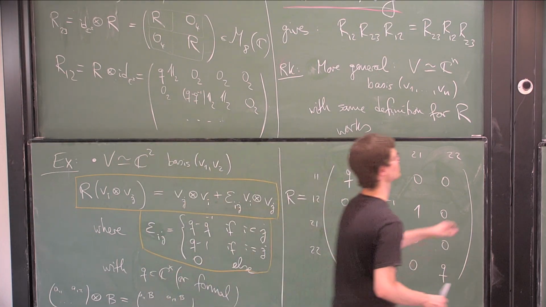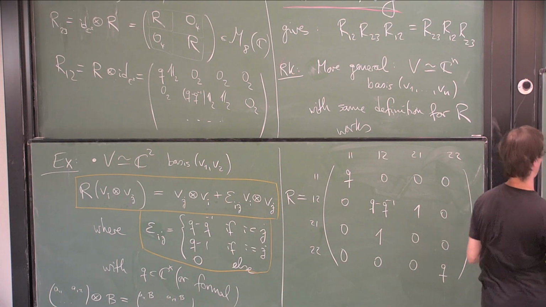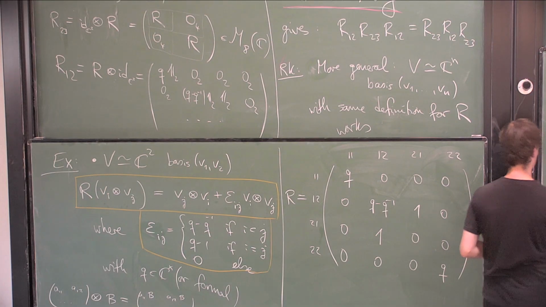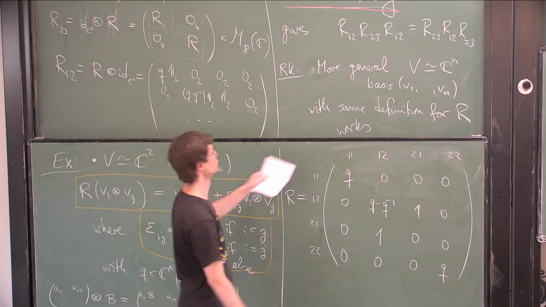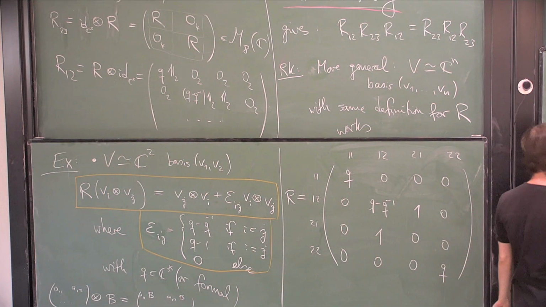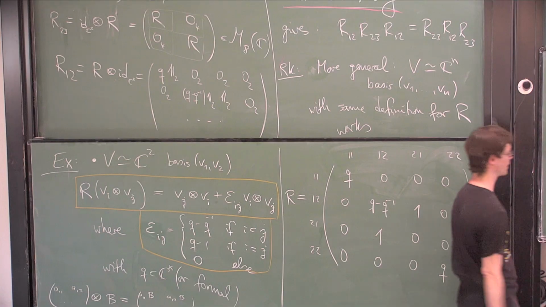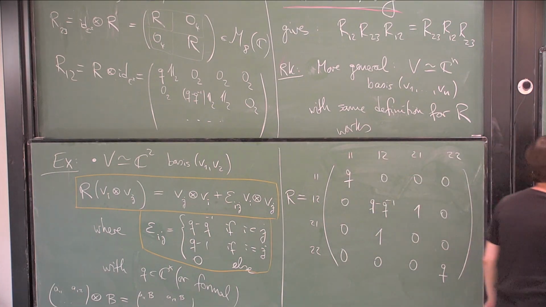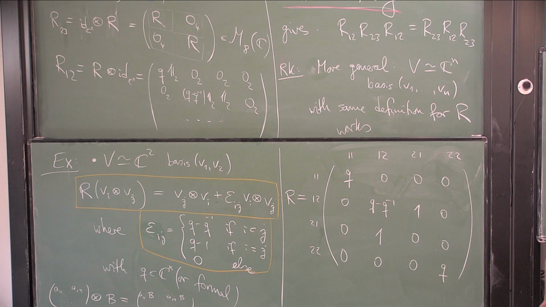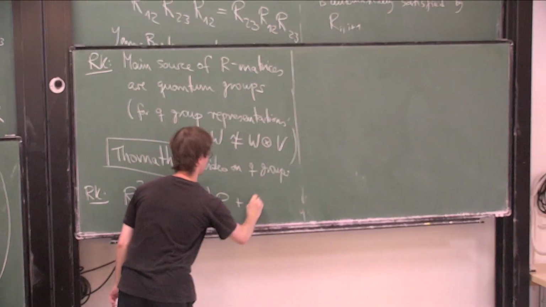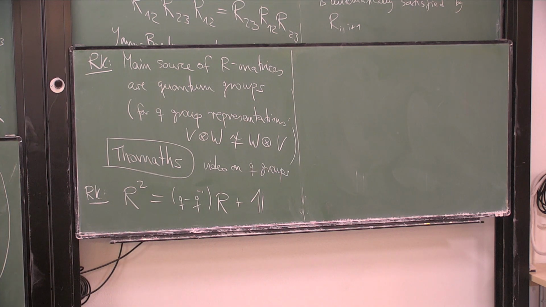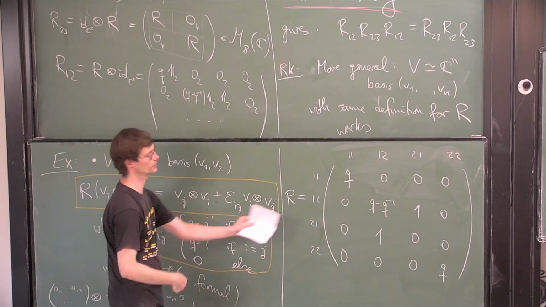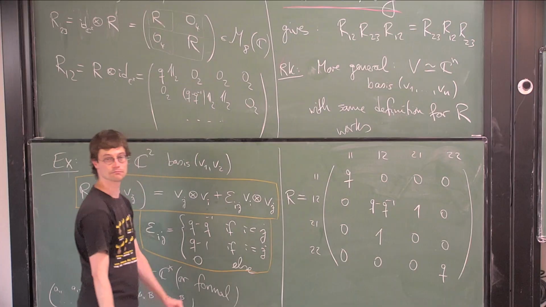Oh yeah, and one last remark. It's not that important, but you can check that if you take this matrix, or even the more general one for C to the n, and compute its square, it decomposes very nicely. It's a linear combination of the matrix itself and the identity matrix.